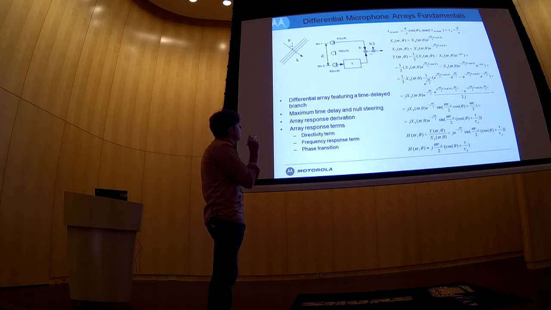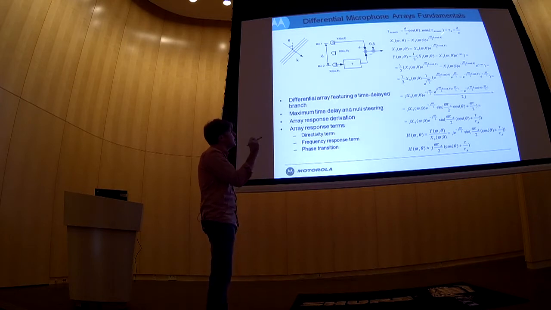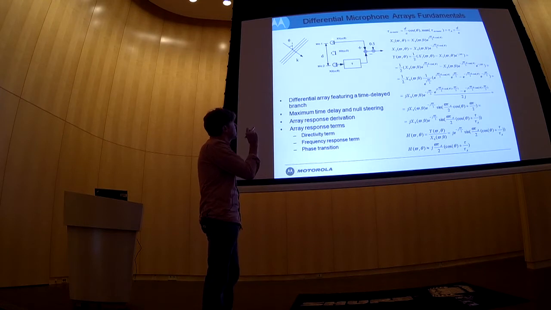If we have a distance between the two sensors of d, and we take the ratio of d and the velocity of sound, that is the maximum acoustic delay that will be seen. This is the maximum acoustic delay that will be seen for a signal propagating along the line connecting the two microphones.